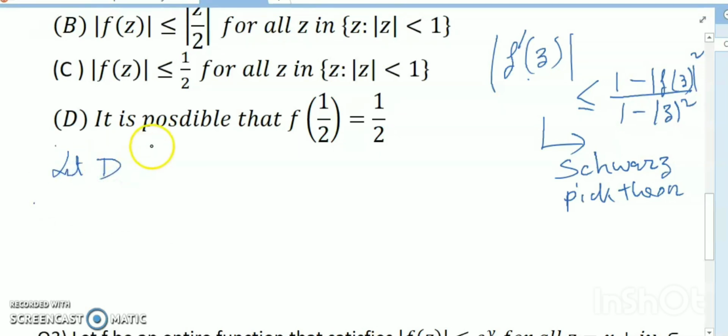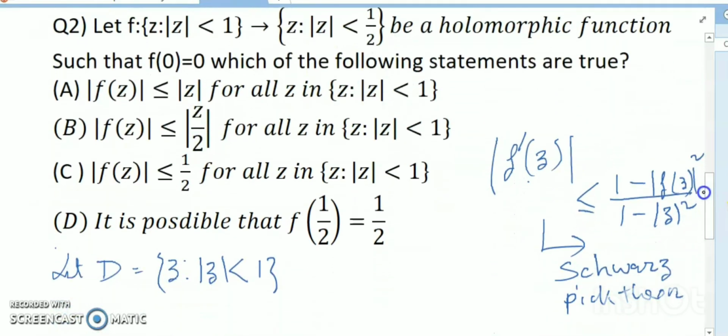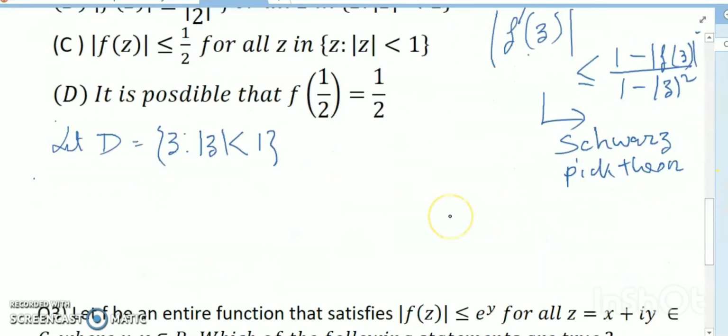Let D equal the set of z such that mod of z is less than 1. You see that in the Schwarz lemma this is important. So in here mod z is less than half, so it is obviously less than 1. Yeah, this is the formula.